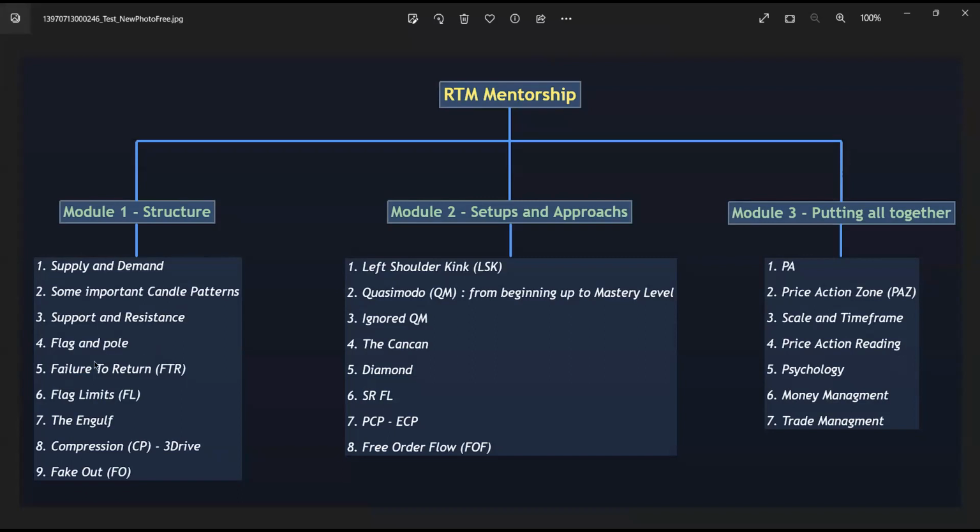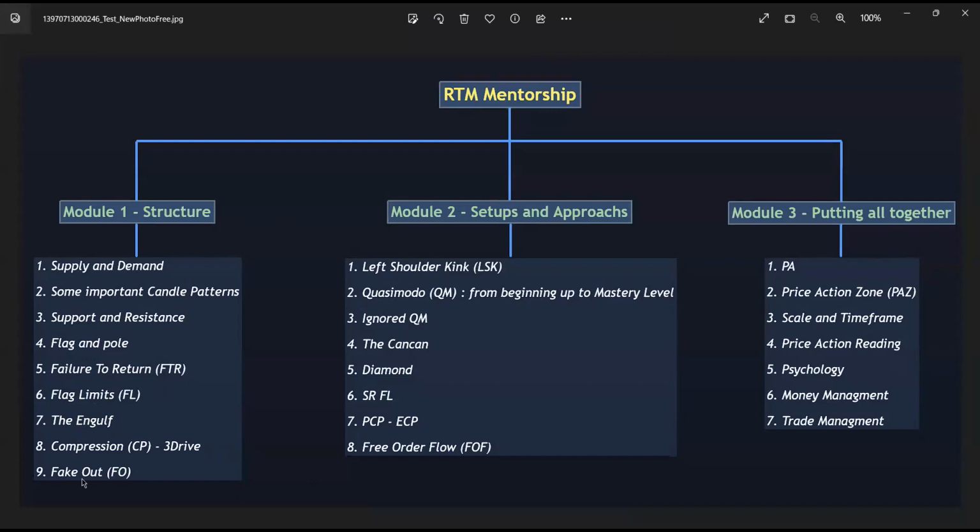After that is support and resistance, flag and pole that I told you briefly about today, failure to return, FTR, and flag limits. The flag limits we're telling you about here are really simple, and they have several types, but we just tell you the tradable flag limits, not all of them.